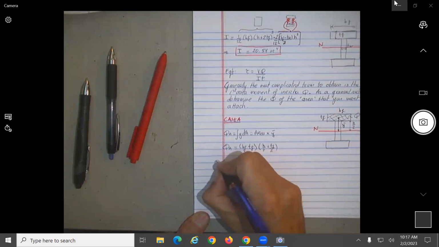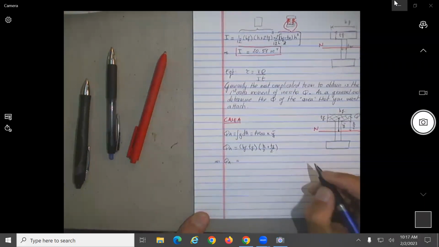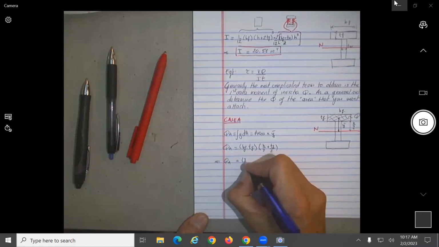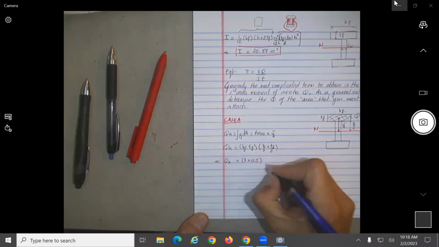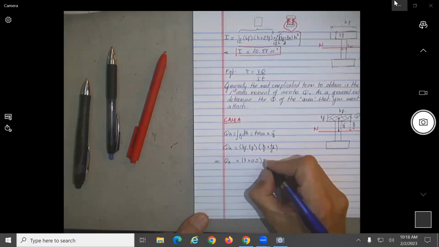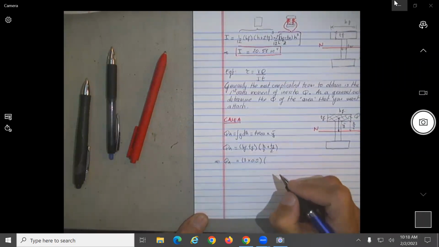BF is 3, T flange I think was half an inch, and H was 4.